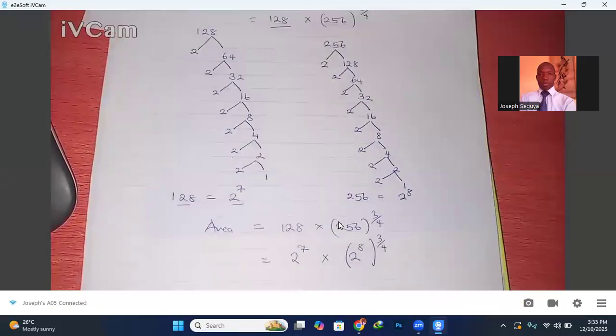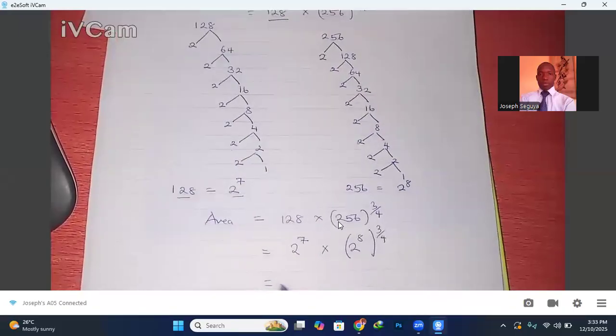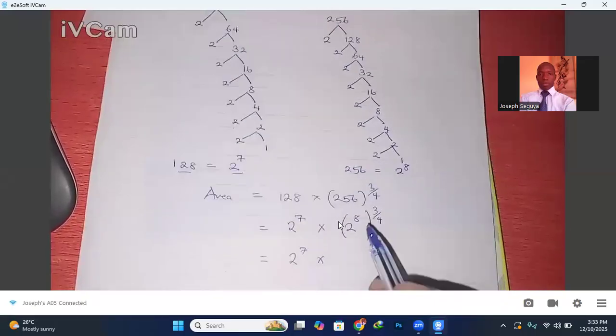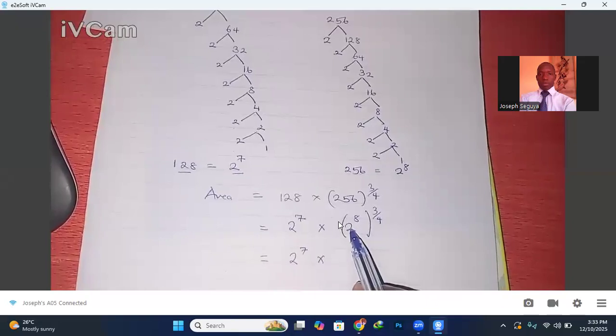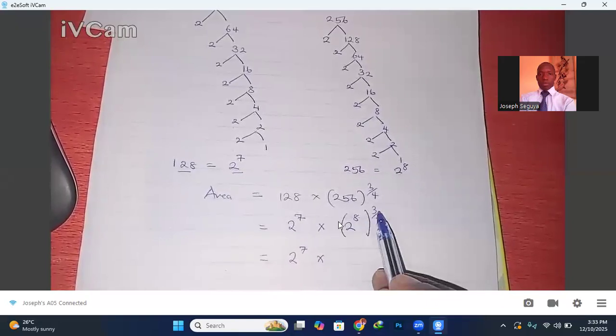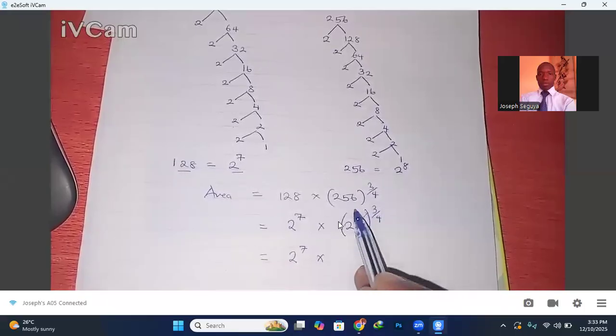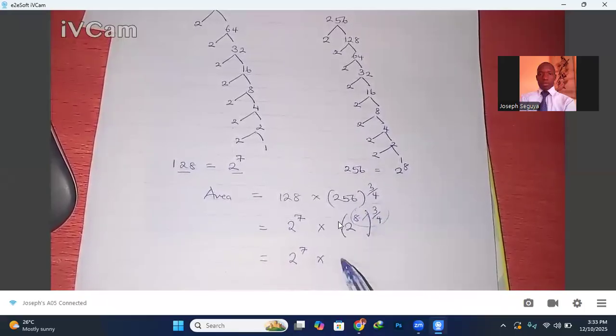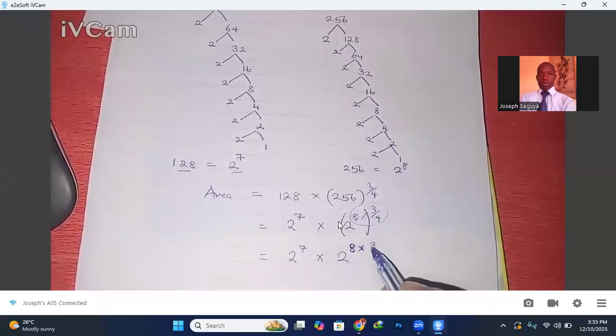See that? So therefore, we shall simplify this. We shall have 2 to the power 7 times, if you have a base with a power, and another power, here you multiply the powers. You just multiply them. So you have 2 to the power 8 times 3 over 4.